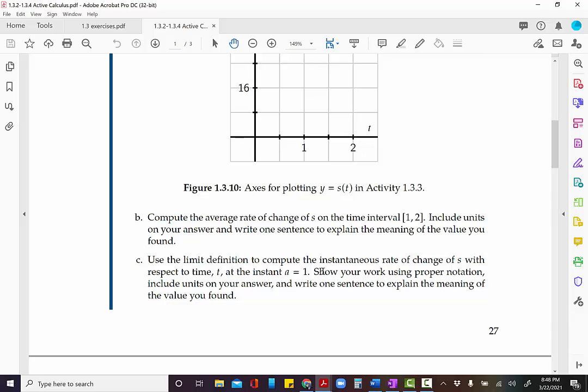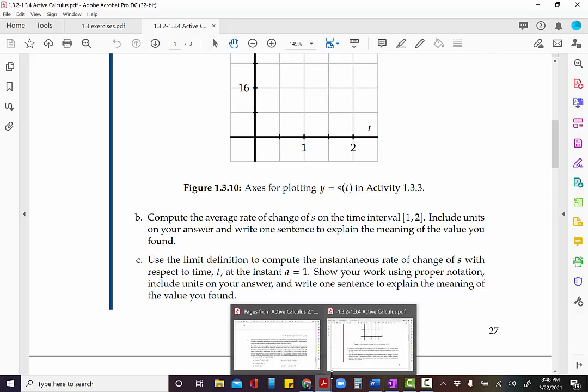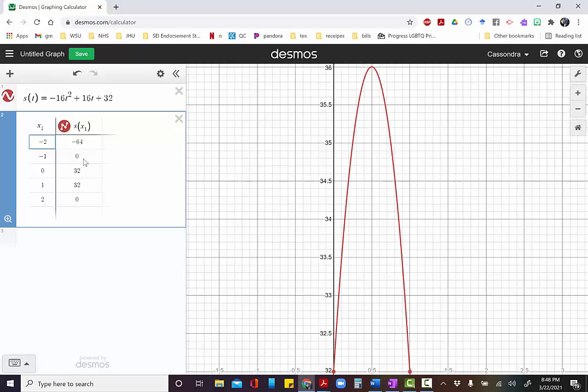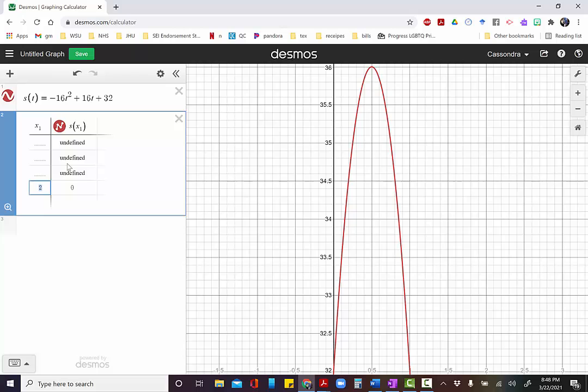Next, I want to compute the average rate of change on the time interval 1 to 2, include my units, and write one sentence to explain the meaning of the value that I found. So I'm going to go back to Desmos and figure out what the values at 2 and 1 are.